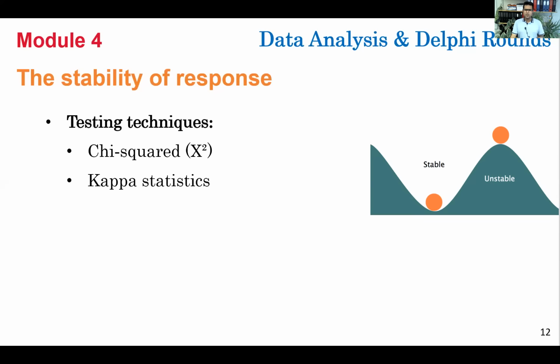Tests that are suitable for dealing with ordinal datasets prefer the Wilcoxon matched pair signed rank test to test the stability of response. This technique works with paired data of the same group of individuals in a before and after situation.